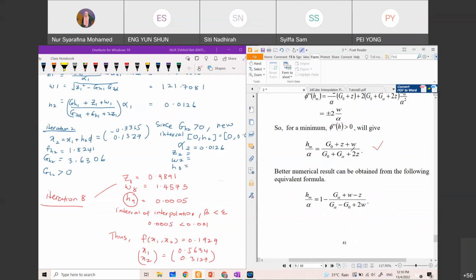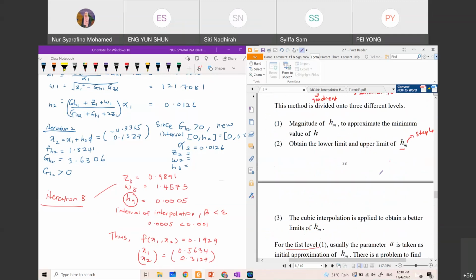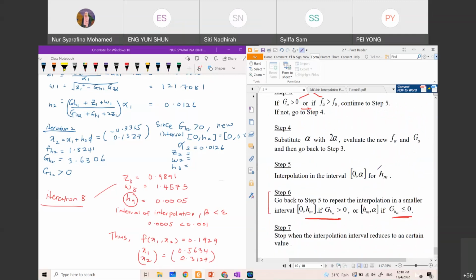For the minimum value, it will give you HM over alpha equals to this one, where we just put alpha there. And HM here is your beta, and if beta less than epsilon, then just stop the iteration. Complete the process. That is how the theoretical part explains the flow chart, the algorithm here. Clear, everyone?